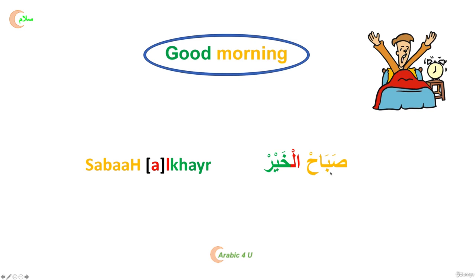Now listen very carefully to each word and then repeat after me. So let's do this one here. Sabah. One more time. Sabah. Okay, next word. الخير. One more time. الخير.